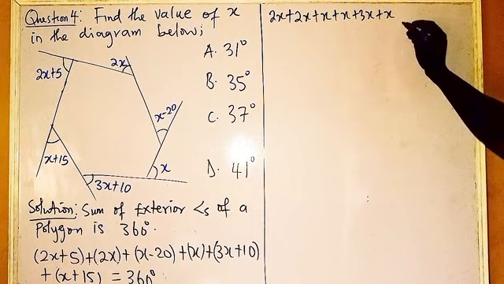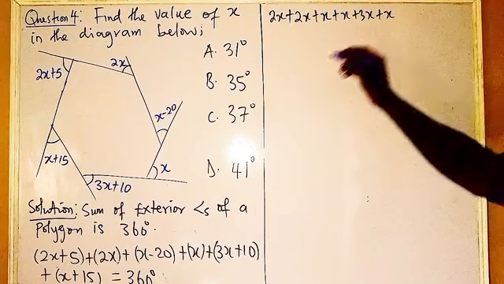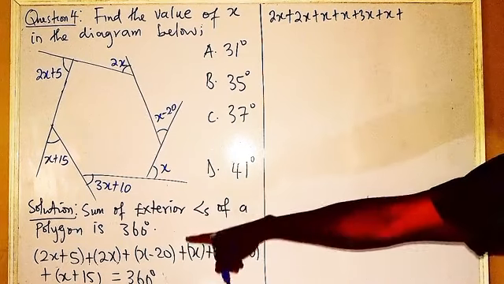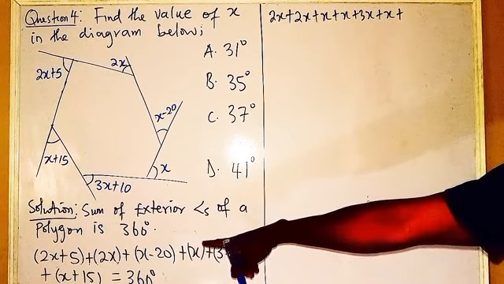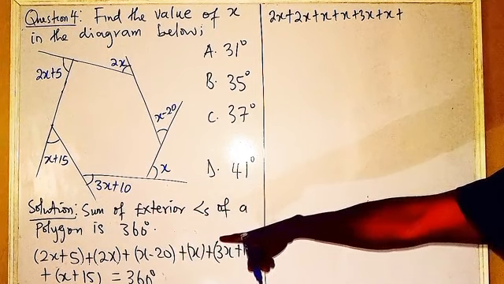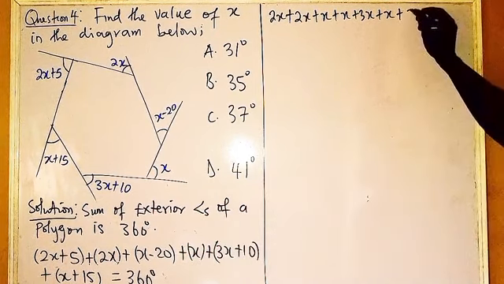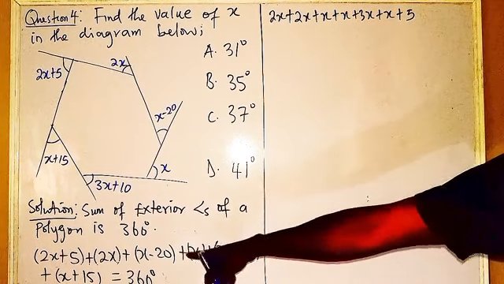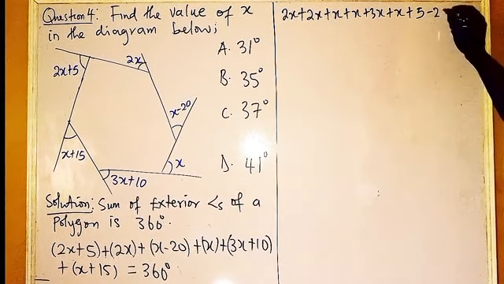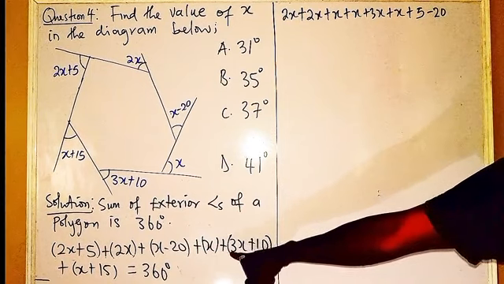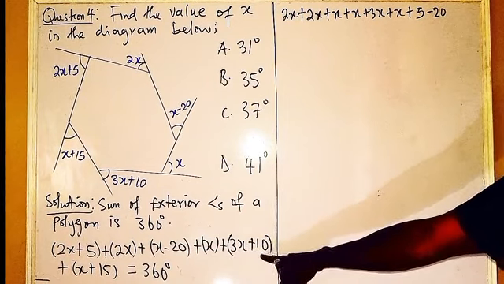Then let's add the numbers. We have 5 from the first one. Then we have minus 20, that is there. Then we have plus 10 and 15.